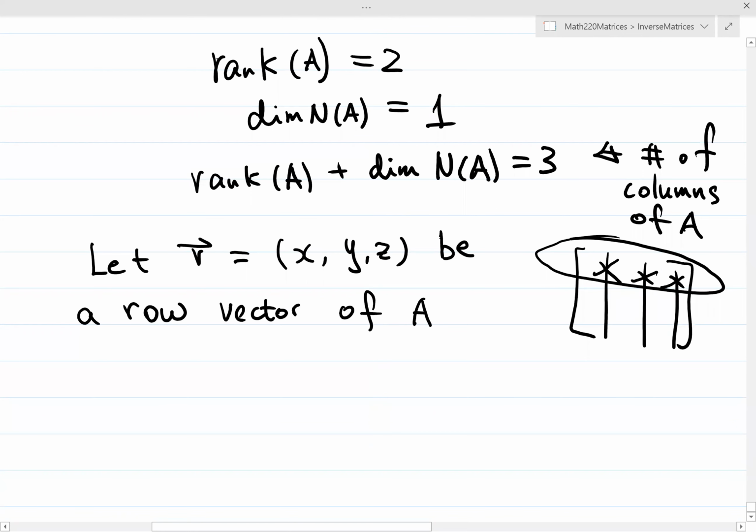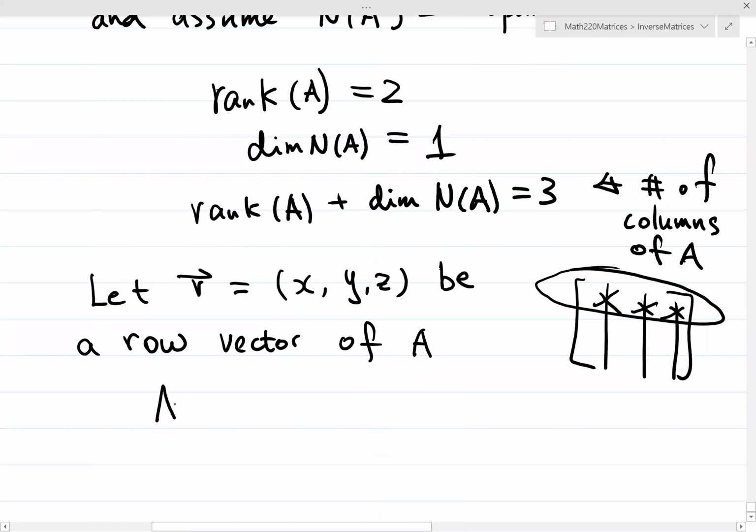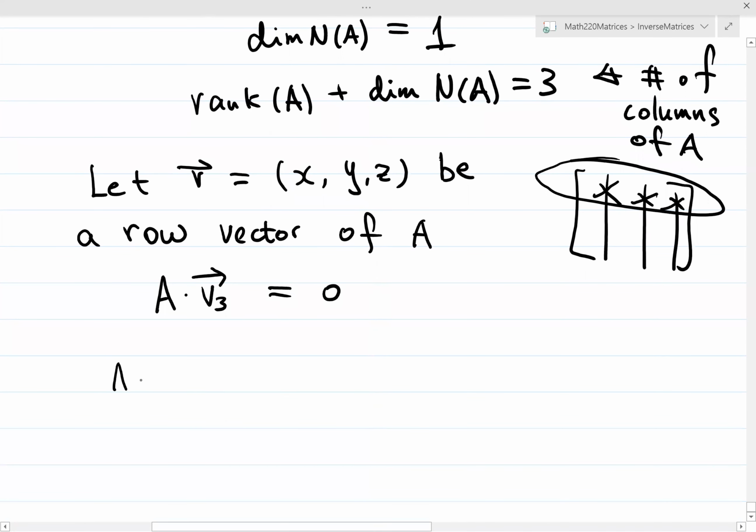Now we need to make sure that the null space condition holds: A times V3 is 0. If you use the row picture, if you write A as R1, R2, we don't know how many rows there are, Rn, for instance, times V3.